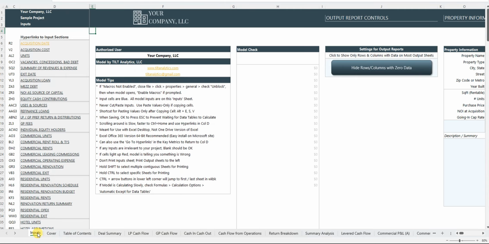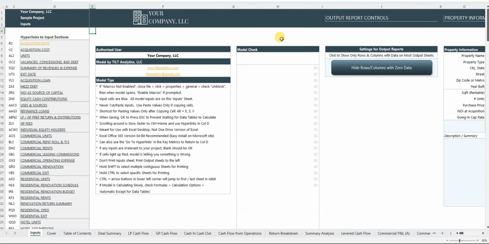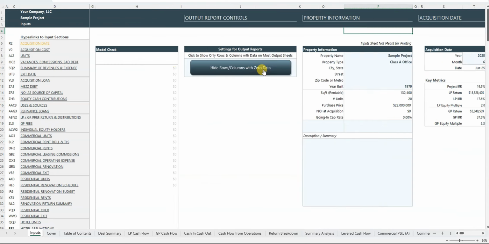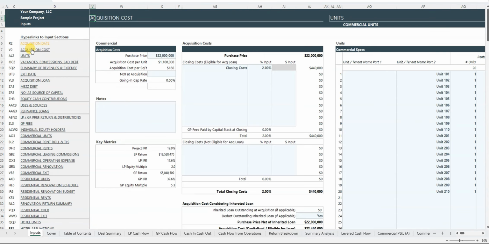On the input sheet, you'll notice that all the inputs are on one sheet, and all of the inputs are categorized across the top with headings, and all the headings are hyperlinked with your table of contents here in column D. As I scroll along, the table of contents remains there, and if I want to change my acquisition cost, I hit my hyperlink and I'm there, and I can change the purchase price.